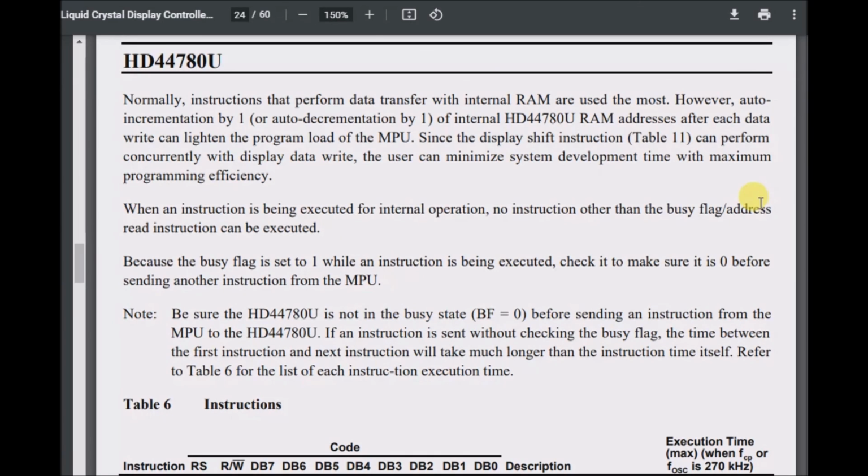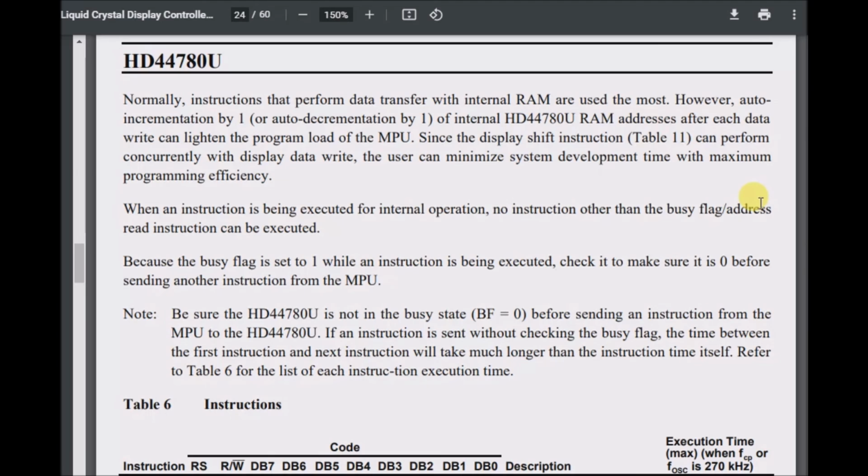When an instruction is being executed for internal operation, no instruction other than the busy flag address read instruction can be executed. Because the busy flag is set to 1 while an instruction is being executed, check it to make sure it is 0 before sending another instruction from the MPU.